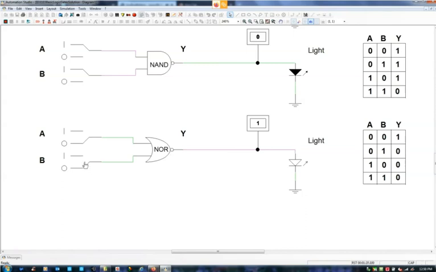If I could do B first, so B makes a 0. And A makes a 0. And of course, 2 highs make a 0, just like, or the opposite of an OR, where 2 highs make a high or 1 high makes a high.